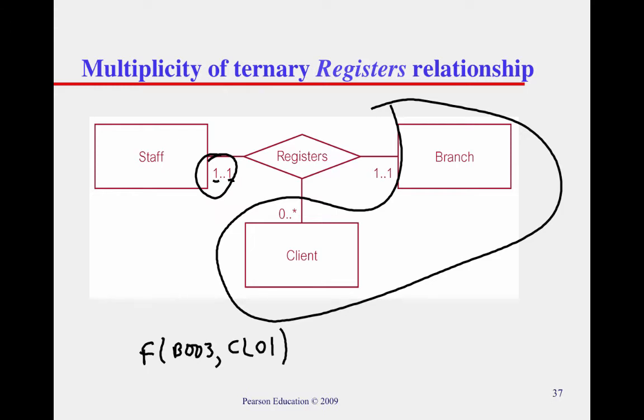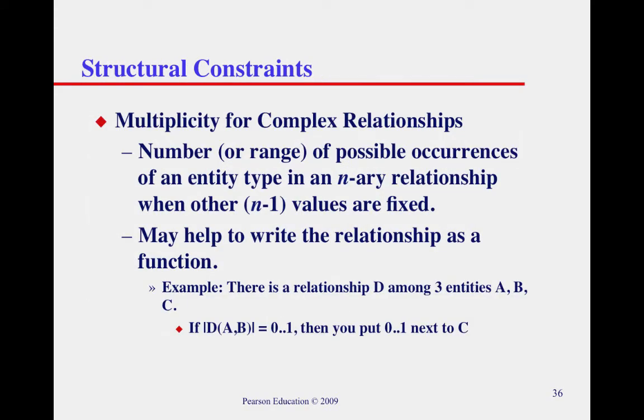So that's how we come up with those participation rates when we have a relationship whose degree is greater than 2. We consider all the remaining entities, substitute in a specific instance for each of those entities, and then decide how many occurrences of the remaining entity there could be, which is what this slide says.